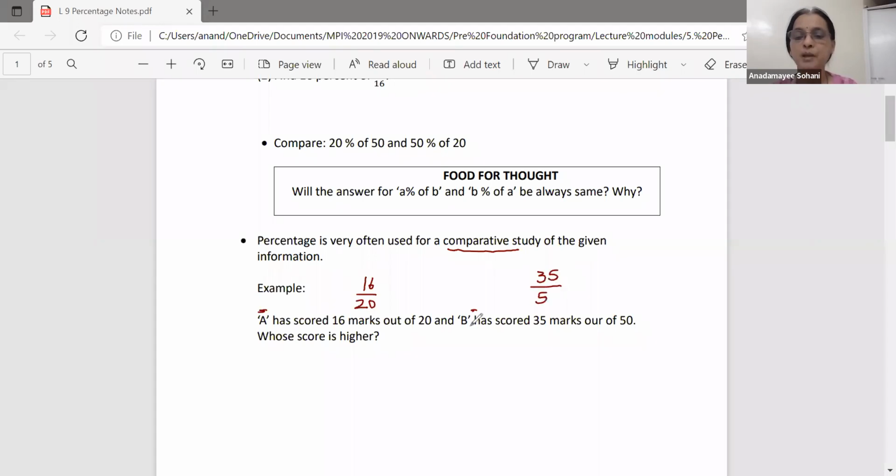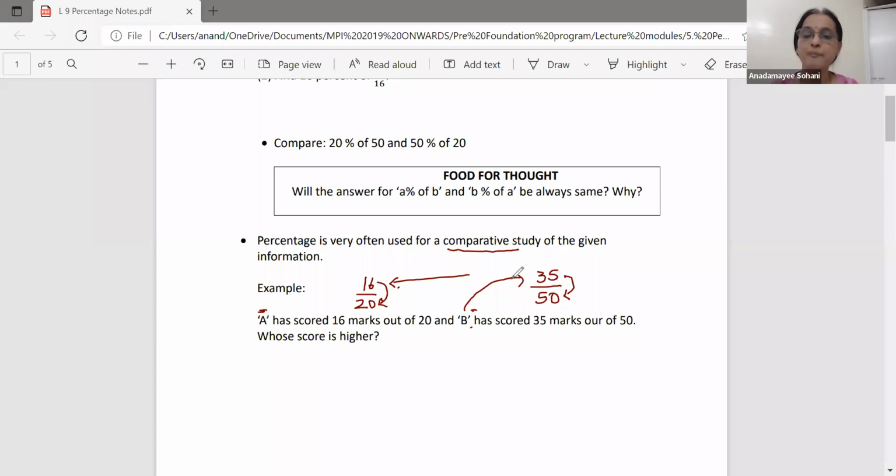So B may tell A that, see, I scored 35 marks, so I have scored more than you. But is it the fact? Though 35 is greater than 16, B's paper was out of 50 and A's paper was out of 20.